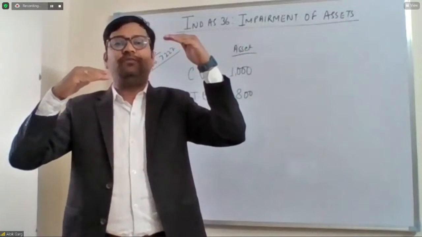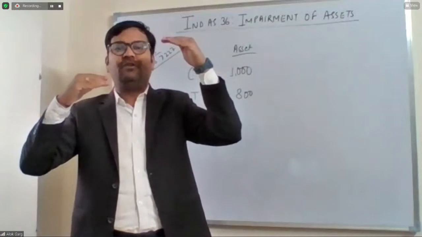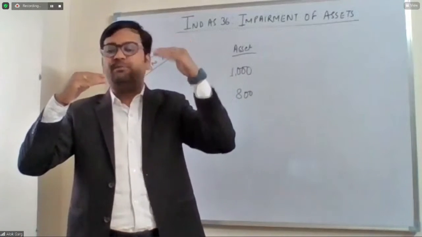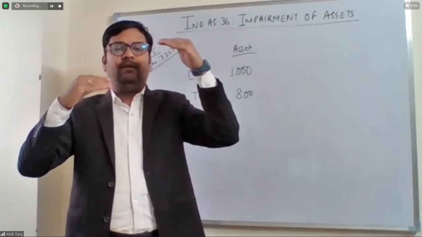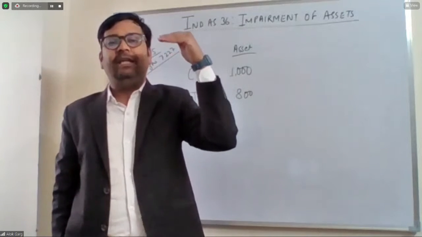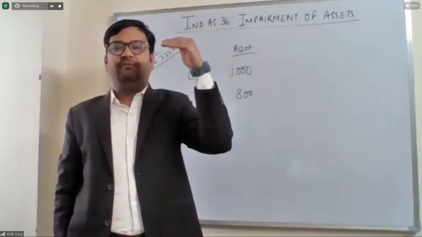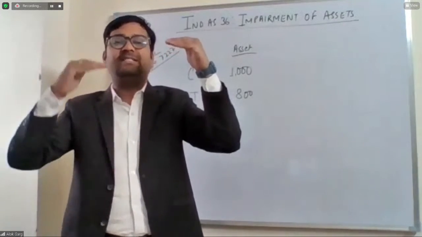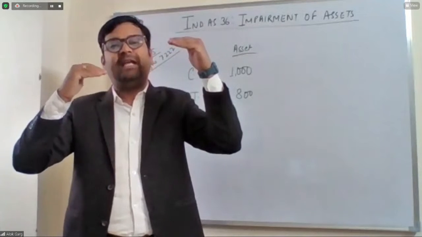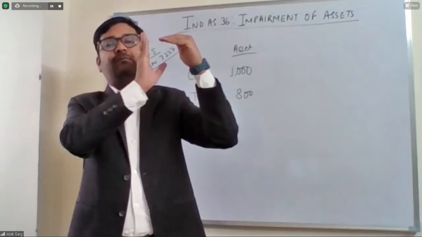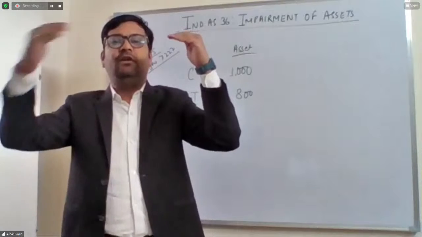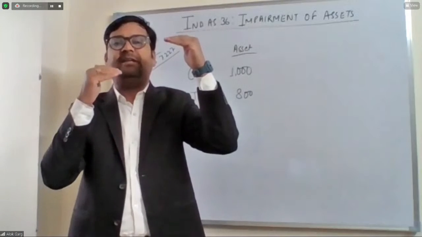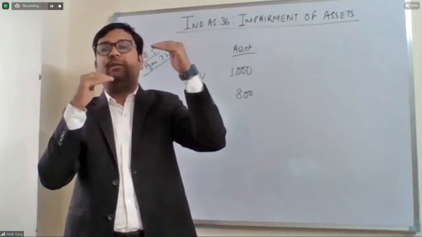Now what is the objective of deferred tax? It is a matching concept. It is to align the company's books with the tax books. In one hand, we have taken the carrying value of the asset, the book base of the asset. In the second hand, we have taken the tax base of the asset. Book base is 1000. Tax base is 800. So tax base is lower than the book base.